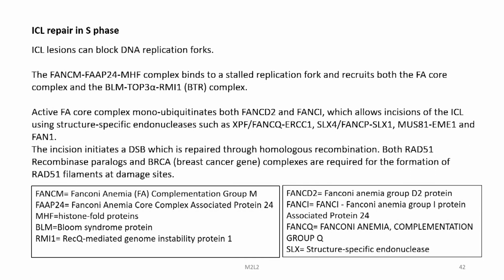The active FA core complex monoubiquitinates both FANCD2 and FANCI, which allows incisions of the ICL using unique structure-specific endonucleases such as XPF-ERCC1, SLX4, FANCP, SLX1, MUS81, EME1 and FAN1.